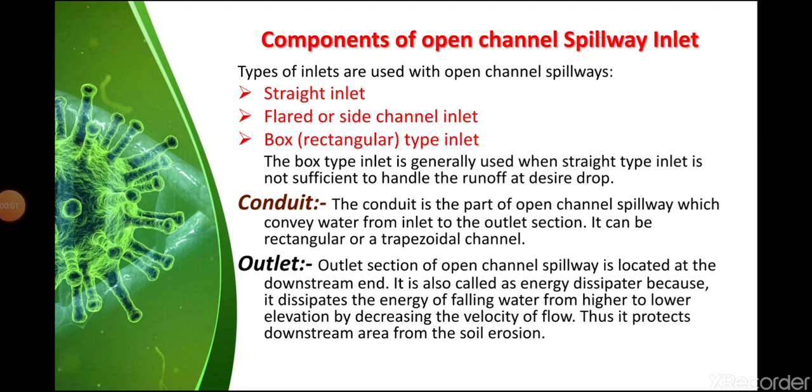So the components of an open channel spillway: inlet, there are three major kinds of inlet: straight inlet, side channel inlet, and box type. Generally the box type inlet is used, and the straight type of inlet is also used.